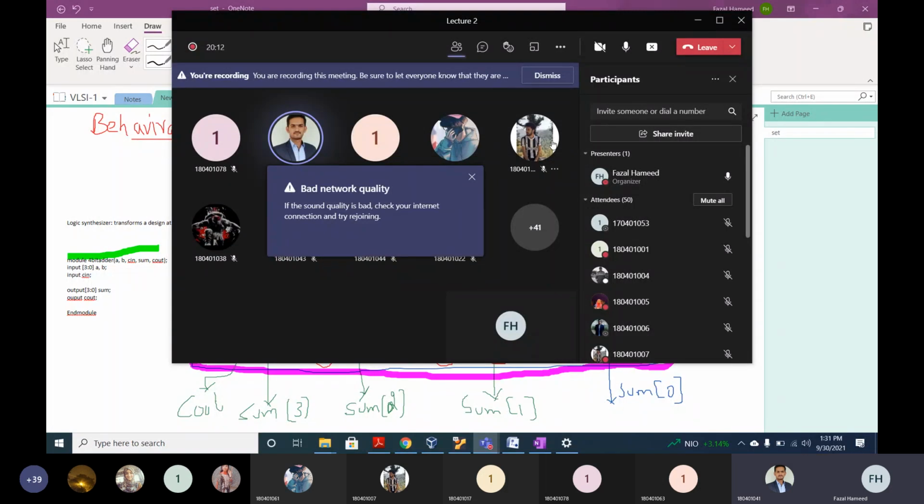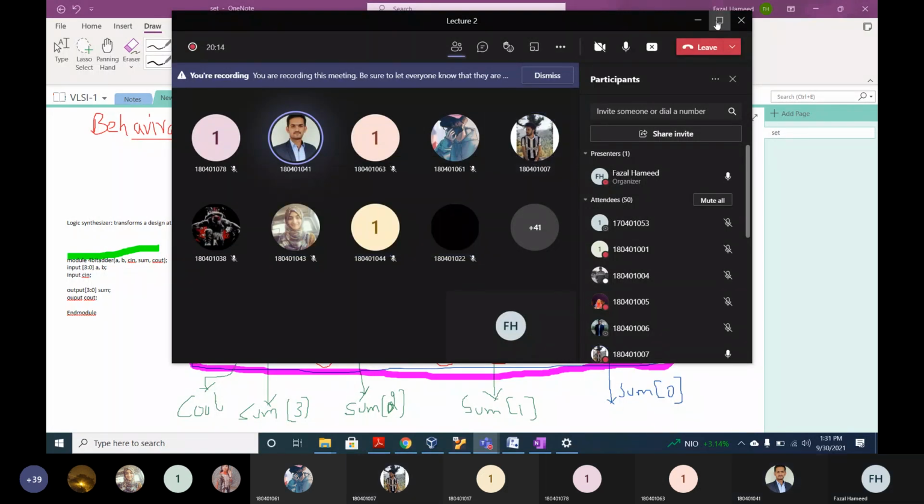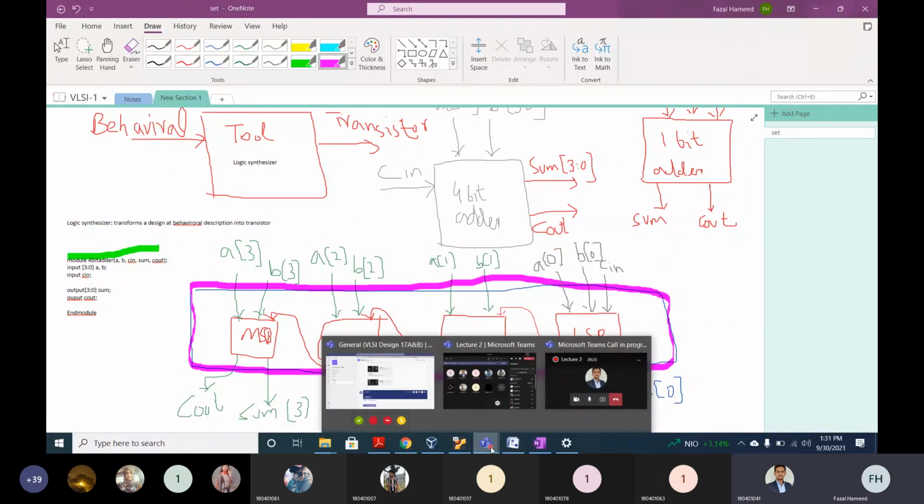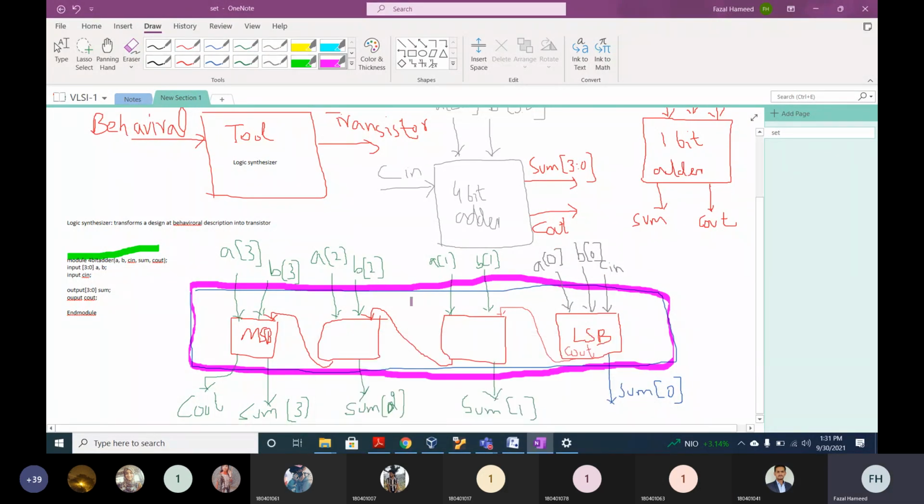Sir, maybe the voice is cutting out. Now can you hear me? Yes sir. Okay, the purple box is the block diagram of a 4-bit adder. Am I right? Yes sir. And within this 4-bit adder, we have connected 4 1-bit adders.